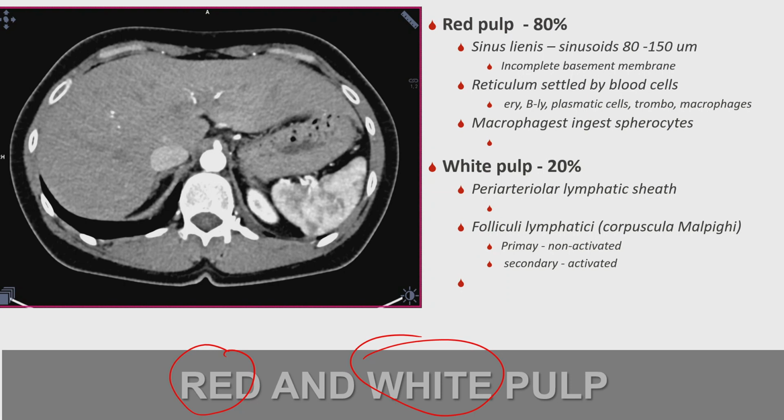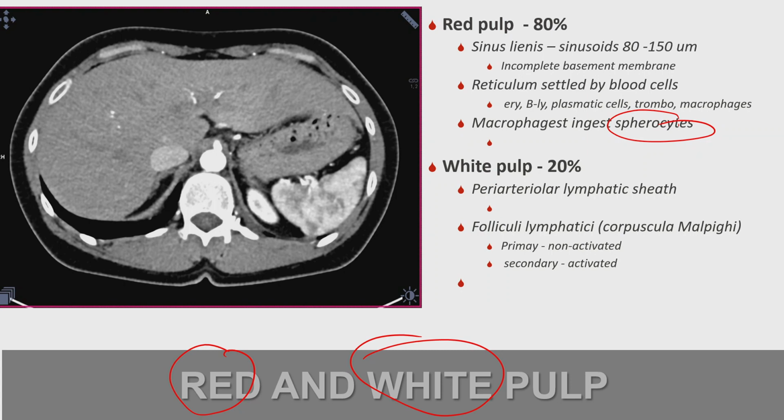Sinusoids in a spleen take about 80 to 150 micrometers, and this sinus has incomplete basement membrane, and in reality it is some sponge settled by blood cells, and the sponge is settled by erythrocytes, thrombocytes, lymphocytes, leukocytes, and also macrophages, which ingest spherocytes. Do you know what is spherocyte?